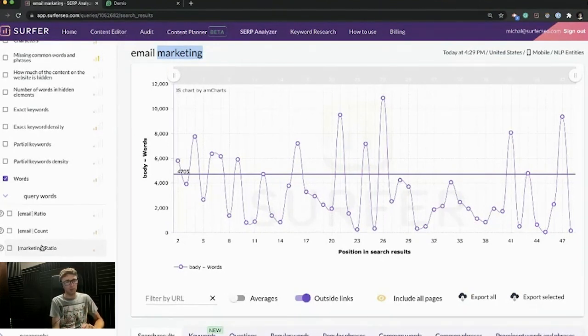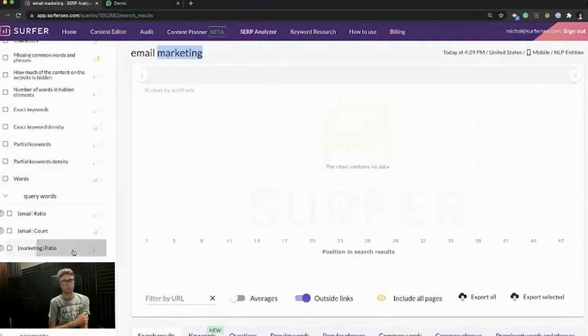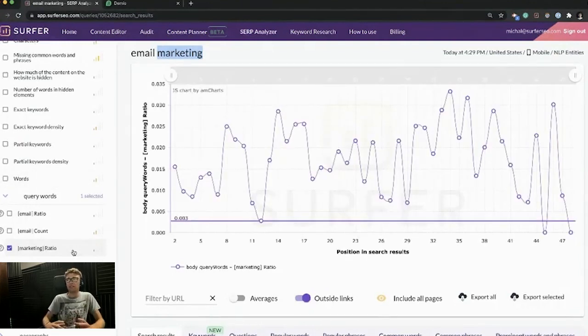We are on spot, nothing to worry about. So the only task we just figured out is to increase both elements: the email marketing exact keyword in the whole body, and the marketing keyword in general in the content as well. So there comes this information handy.